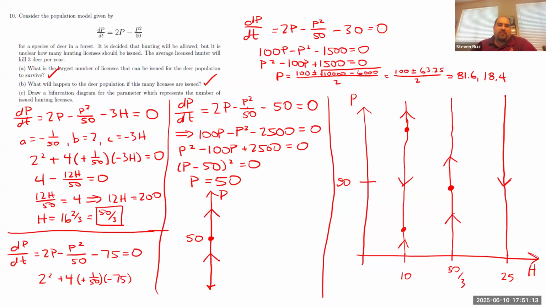So 2p minus p squared over 50 minus 50. Multiply through by 50, we got 100p minus p squared minus 2,500. I flipped all the signs. P squared minus 100p plus 2,500. Does that really factor to p minus 50 squared? P squared minus, yep, I think so.